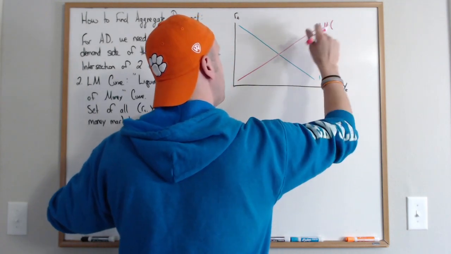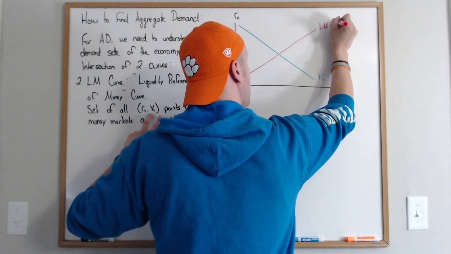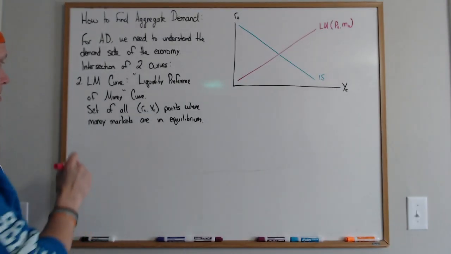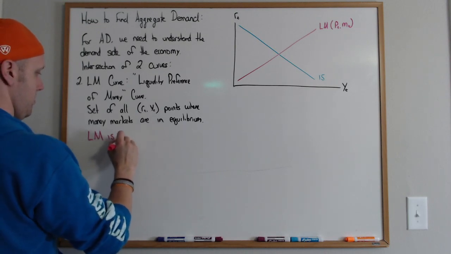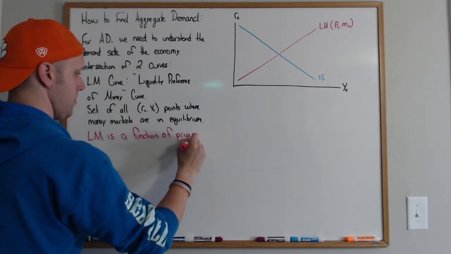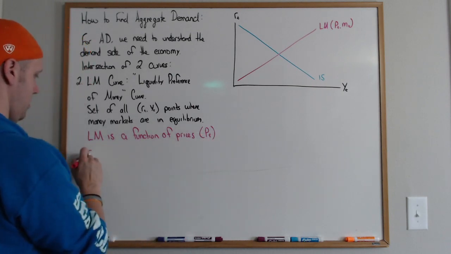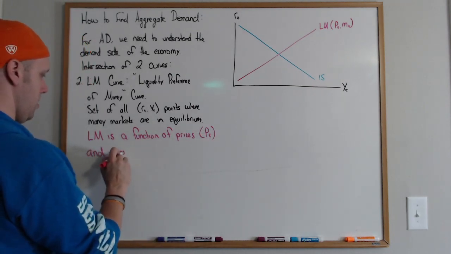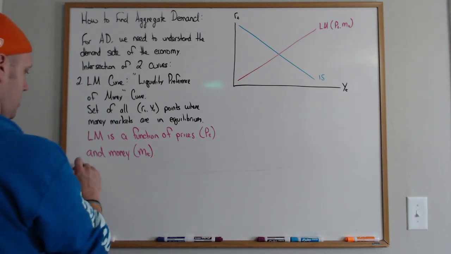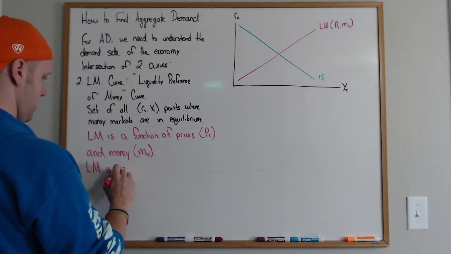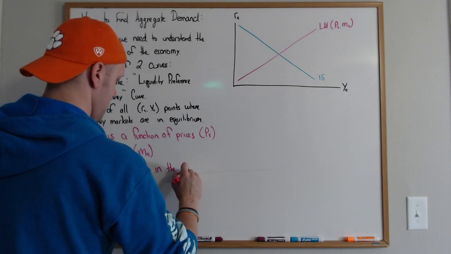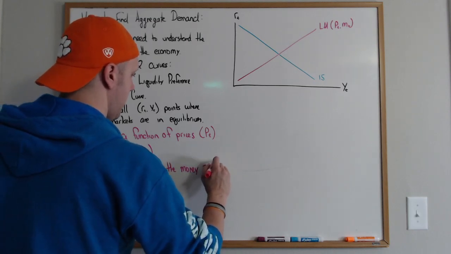Therefore, it will be upward sloping and it is a function of the price level, PT, and money, MT. Now it's increasing in money, or the money supply.